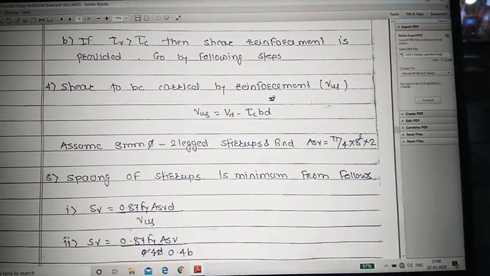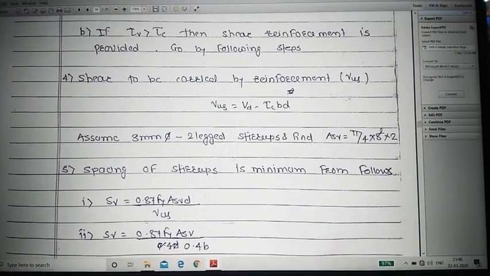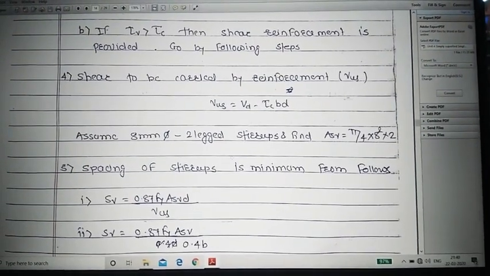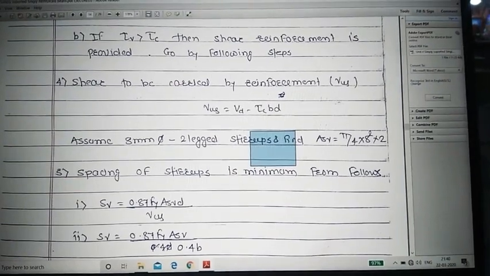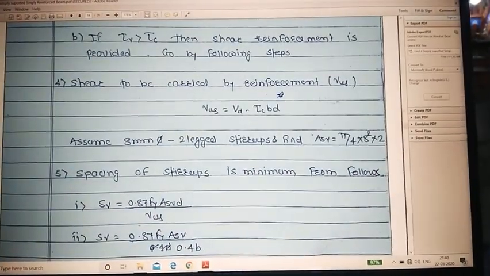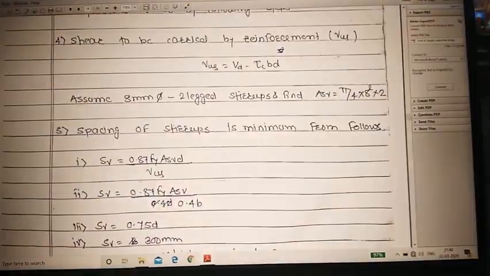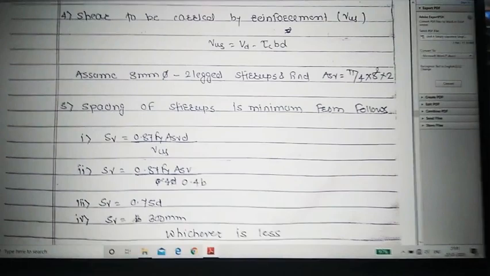For the calculation of shear reinforcement, first we should assume the stirrups, assume 8 mm phi 2 leg stirrups, and find the Asv, where Asv is the area of stirrups.